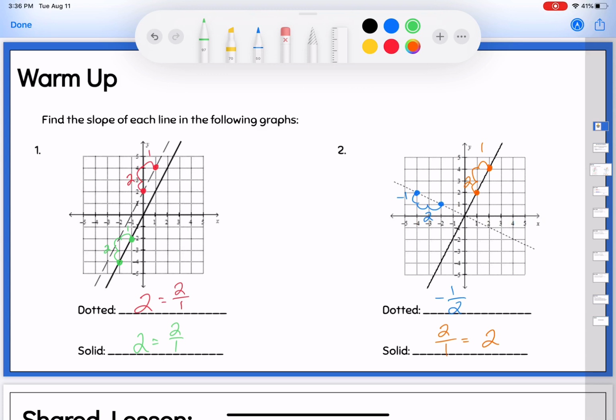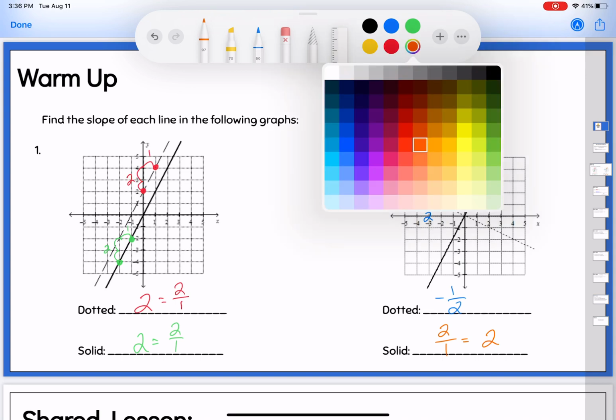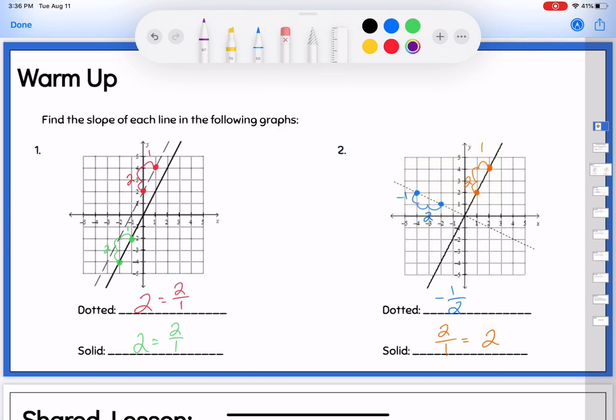Okay, so hopefully you did a good job finding the slopes, but let's take a closer look here. If I look at my 2 lines in number 1, how would you describe those 2 lines? Well, some might say that those 2 lines never intersect. That would be true, right? They're not touching at all. But you might also say that these 2 lines are called parallel, right?